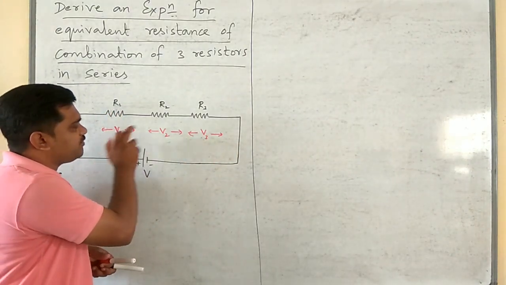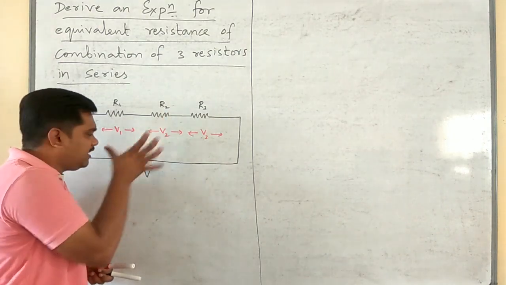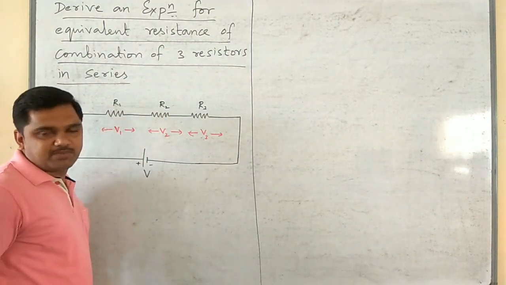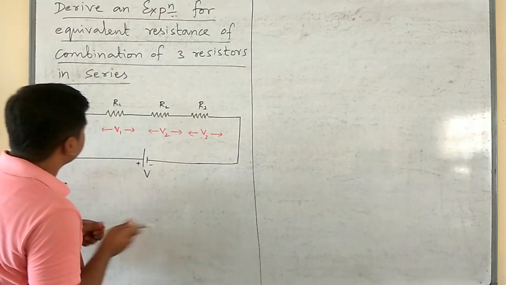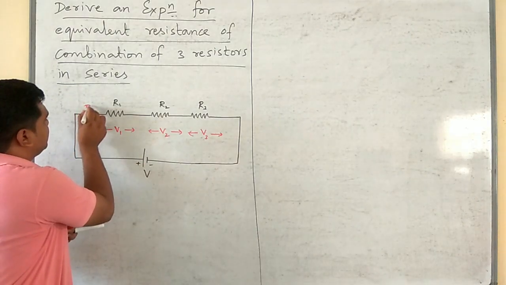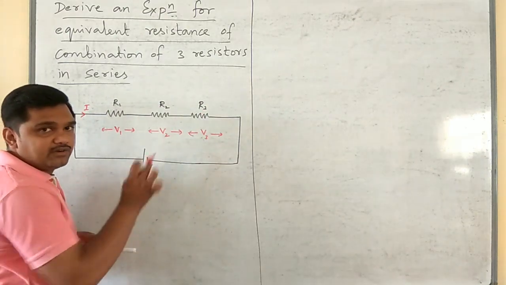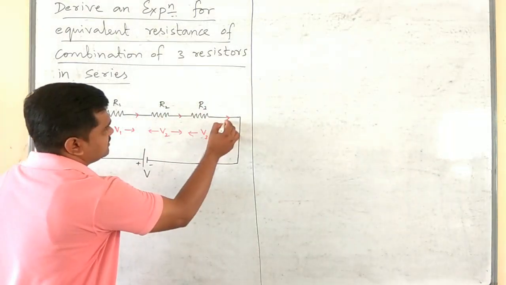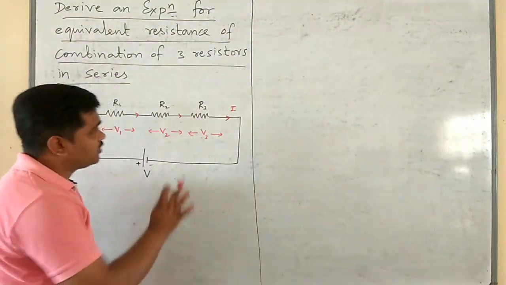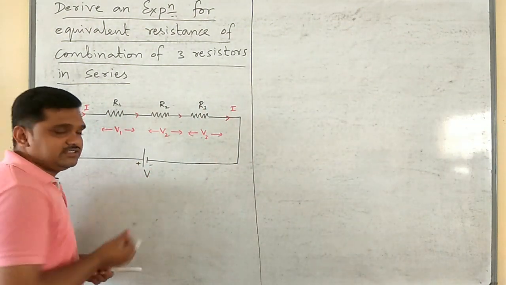The sum of V1, V2 and V3 has to be equal to this capital V. Now, the direction of electric current is always from positive to negative terminal of the battery outside. So the same current will flow like this, get out of R3 and finally reach the negative terminal of the battery.